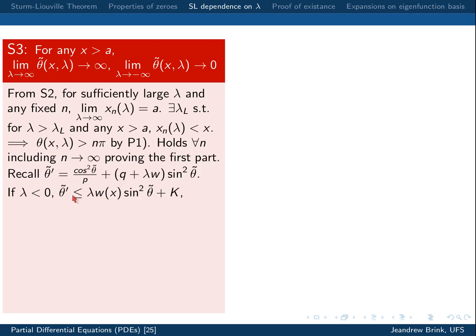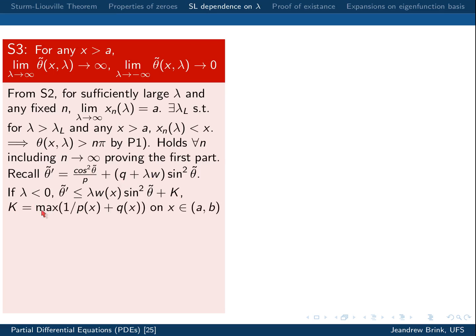So if lambda is negative, then you basically have lambda w(x) sine squared theta. So you've removed the part that's associated with lambda, and then you put an upper bound on all of the rest of the part, which we say is a constant k, and it holds for all of the domain.